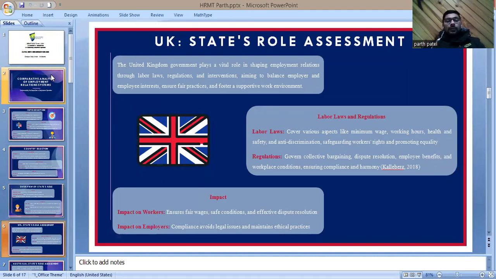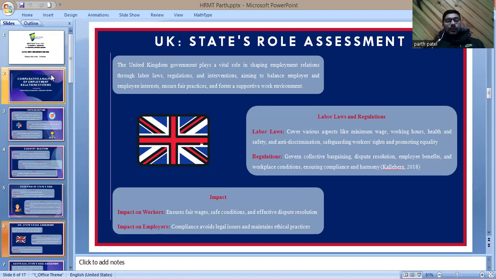As we know, the United Kingdom government plays a vital role in shaping employment relations through labor laws, regulations, and interventions, aiming to balance employer and employees, increase fair practice, and foster a supportive work environment. Some labor laws and regulations.